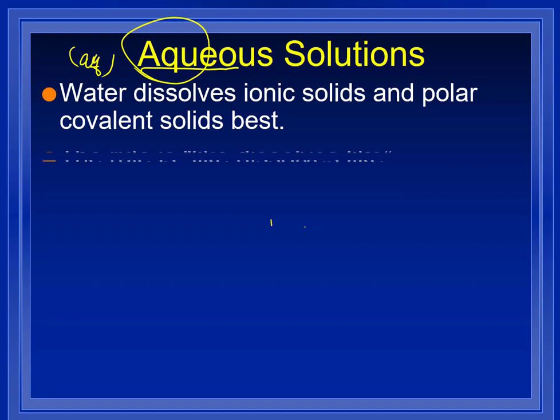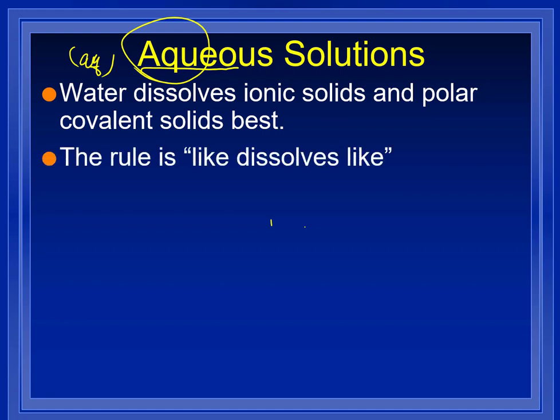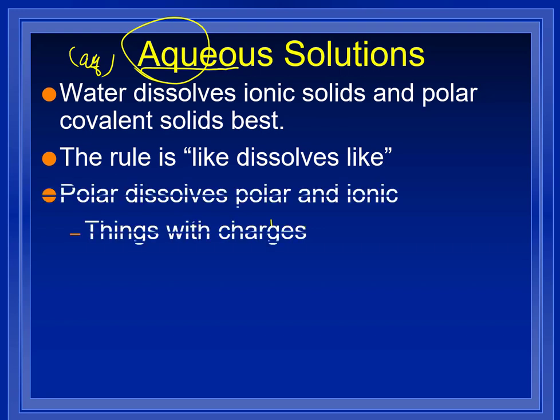So the rule is like dissolves like. Things with charges dissolve things with charges. Polar dissolves polar and ionic because things with charges dissolve things with charges. They can hang on to them.